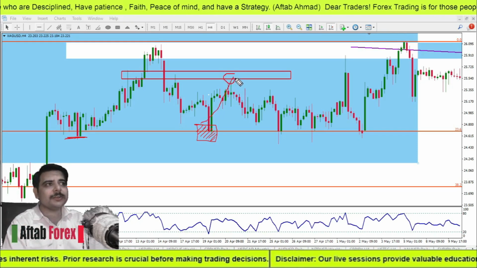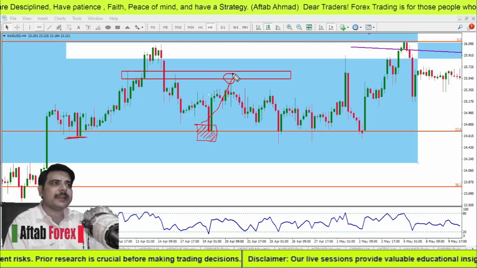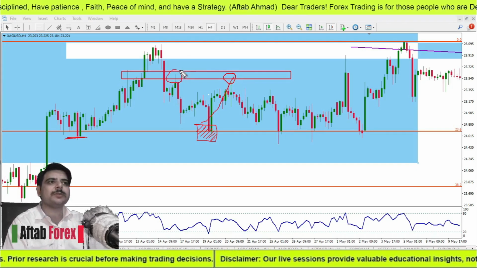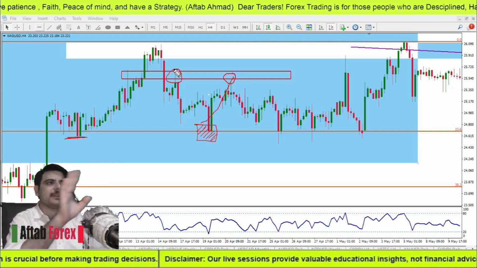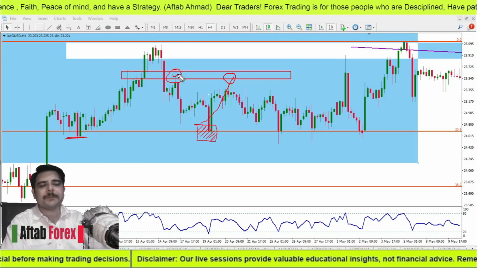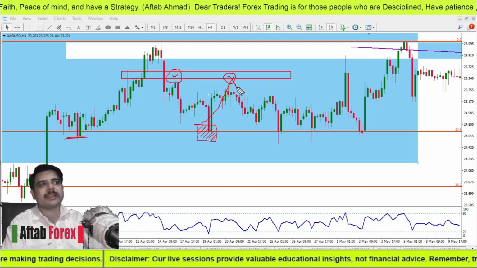Now you are already holding a sell position, and at this particular resistance level, make sure to check out my support and resistance strategy. I have discussed all of these things in it. What we could do is also take another sell. Why?